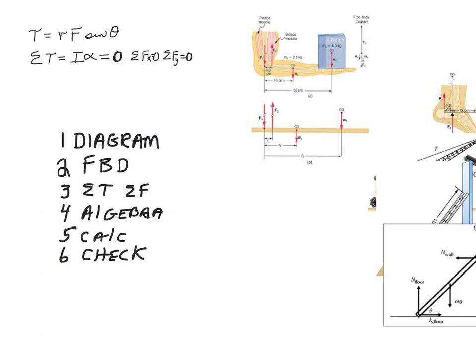And then from here, we use our equation. So we're going to go back to this. Here's our diagram. Here's our free body diagram. And we're going to sum the torques to find the force of the bicep muscle. So pause the video and see if you can write that equation out, do the algebra, and get the answer. And then once you're done, come back.